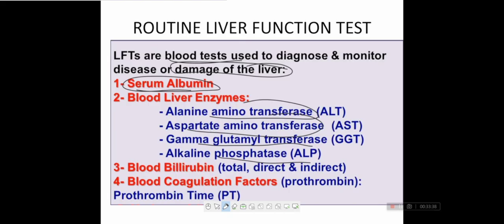And fourth is the blood coagulation factor, that is prothrombin, right? So these four are the molecules present in blood that are tested in a liver function test.